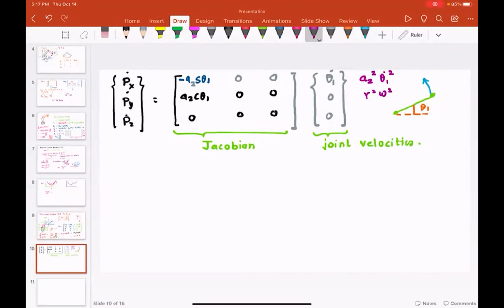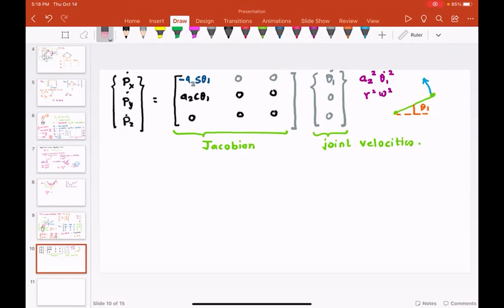And if you multiply that by 1/2 mass, that gives you the kinetic energy. So you have a component of this velocity in the vertical direction, and a component in the horizontal direction. I just want to make sure that you understand this.